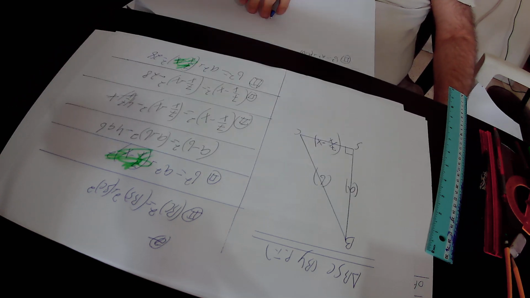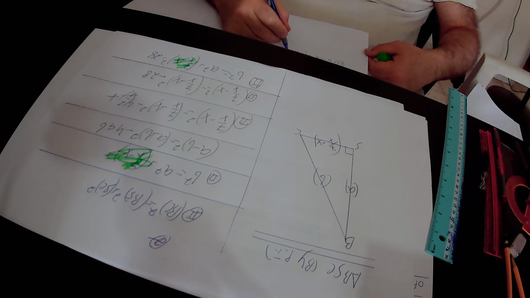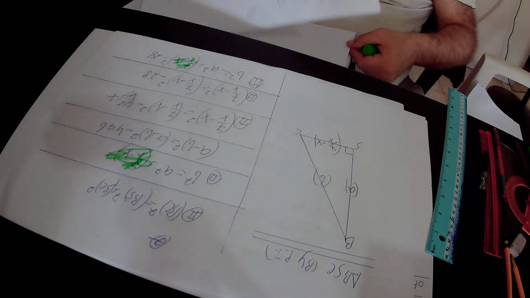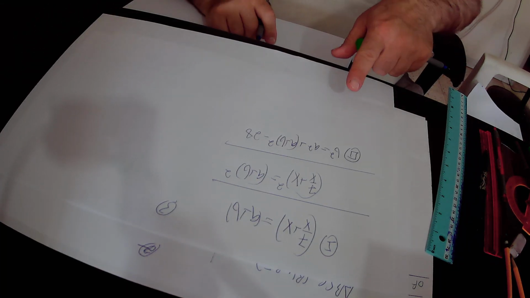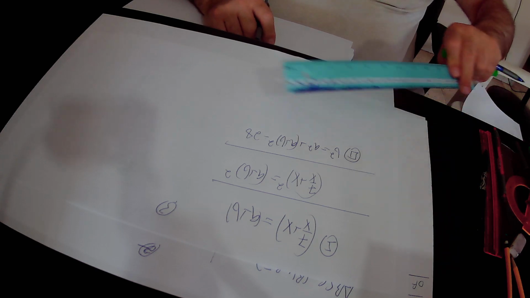And we have to subtract also minus 28. This is according to equation 2. So according to equation 2, we found out that b squared equals a squared plus (a plus b) squared minus 28.